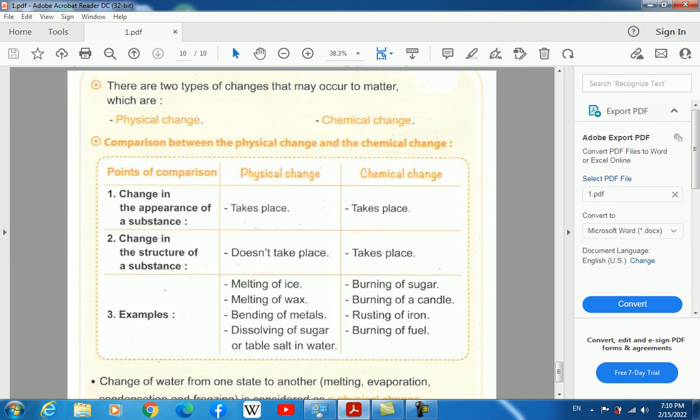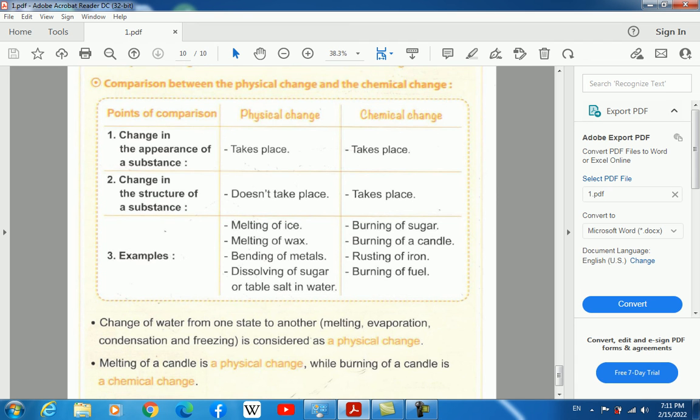And here is a very little review of what we've studied in this lecture. This is a brief. There are 2 types of changes that may occur to matter, which are the physical change and the chemical change. For the comparison between the physical change and the chemical change, in order to make this table, we have to get the points of comparison.